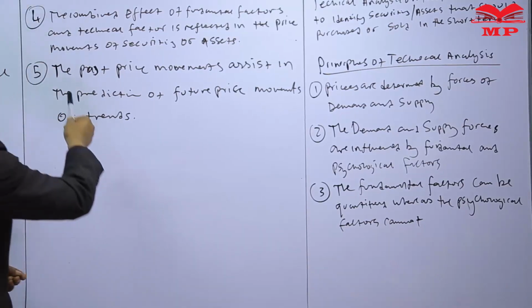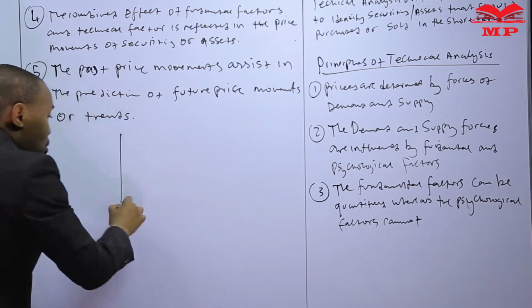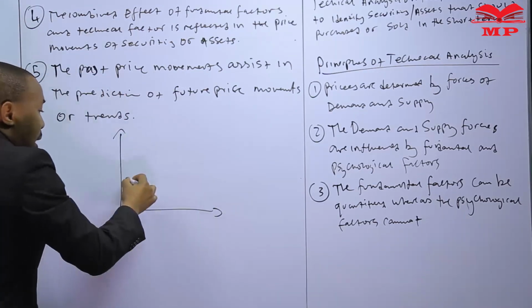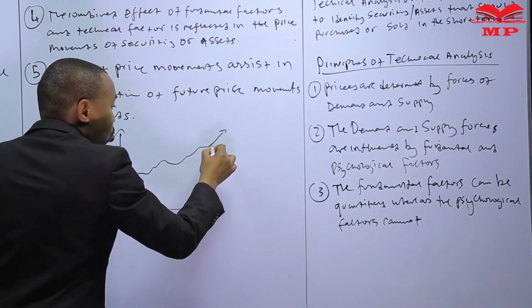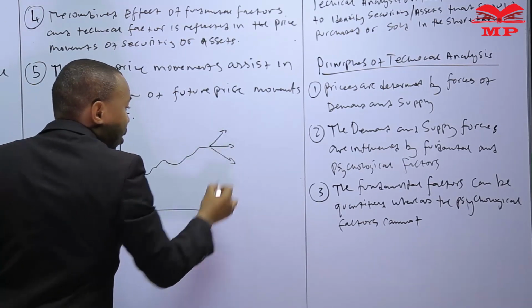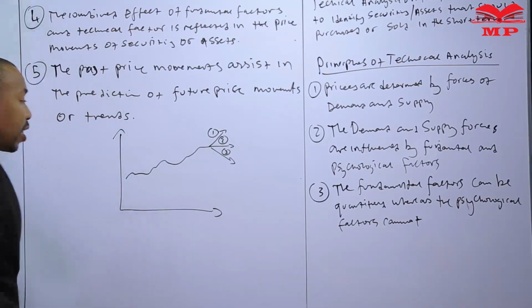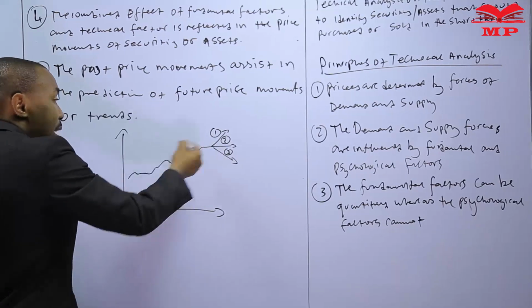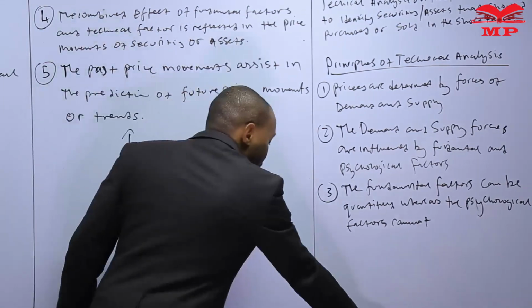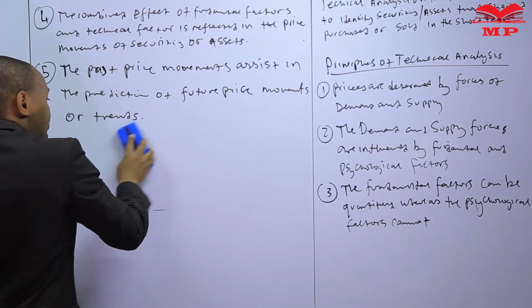Then you're saying that the past price movements assist in prediction of future price movements or trends. So you're saying the use of graphs and charts can provide some bearing as to which direction the share price will move. Is it either going to be 1, 2, or 3 right there? So that is what you're saying. The analysis of past price movements can dictate the future price movements in at least the short term.